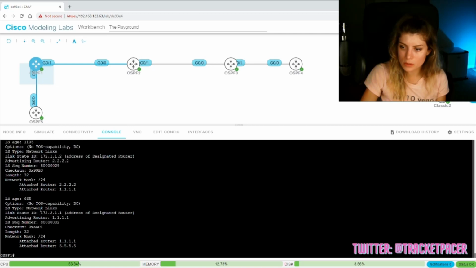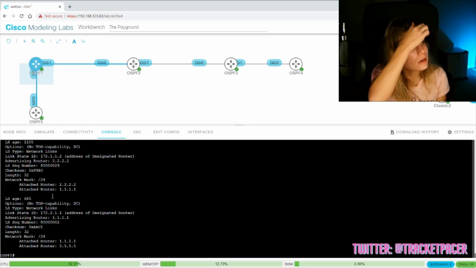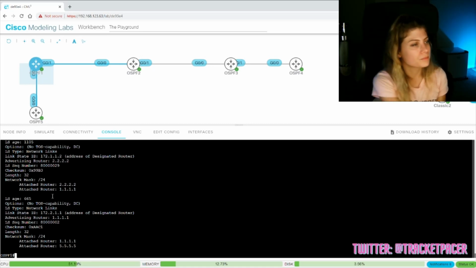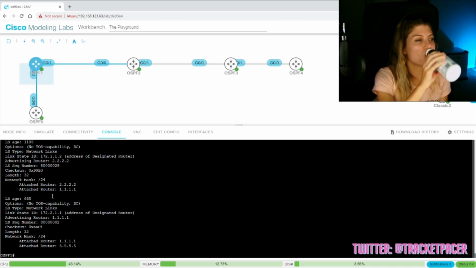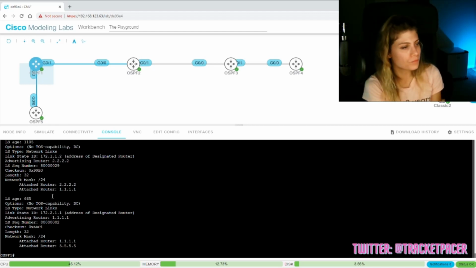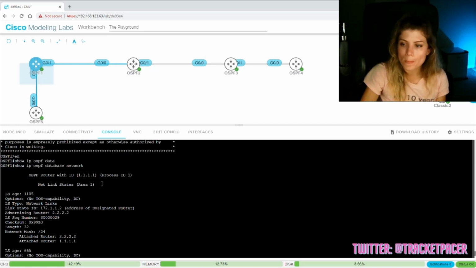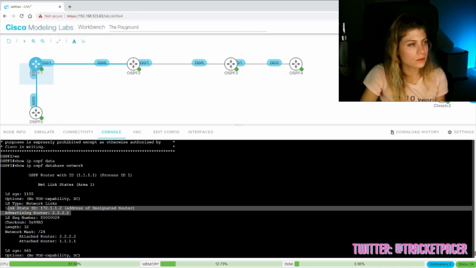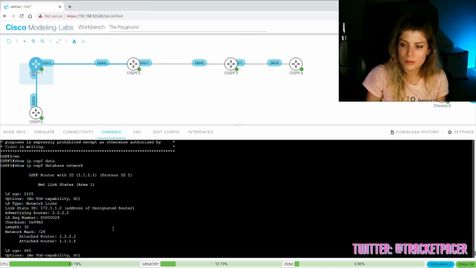Does it tell us if it's a BDR here? Anyway, if a DR hasn't been elected, we don't have a type 2 LSA. Type 2 LSAs are not flooded outside the originating OSPF area, in an identical fashion to type 1s. All right, cool. Show IP OSPF database network. All right, advertising router here. Whatever.